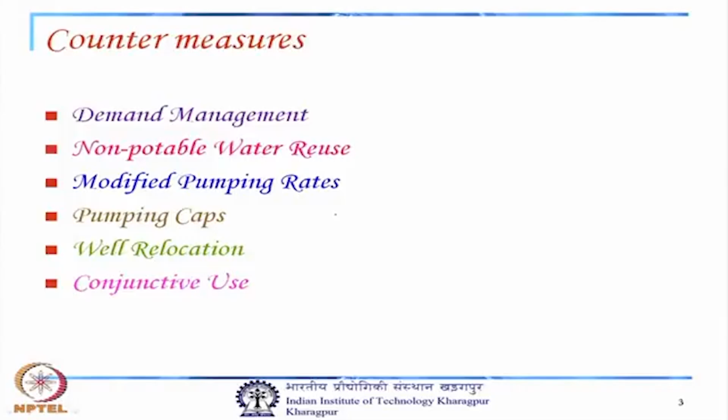Then conjunctive use. Conjunctive use is that we can use different combinations of surface water and groundwater, so that people can use a percentage of groundwater from their coastal aquifers and a percentage from surface water sources or nearby rivers.